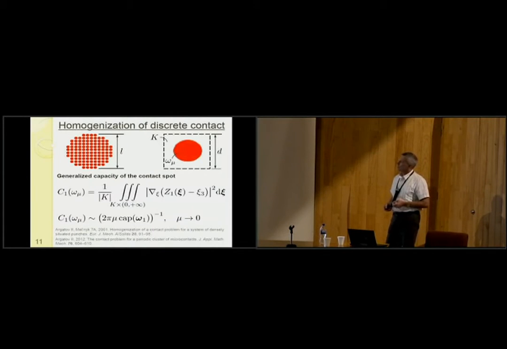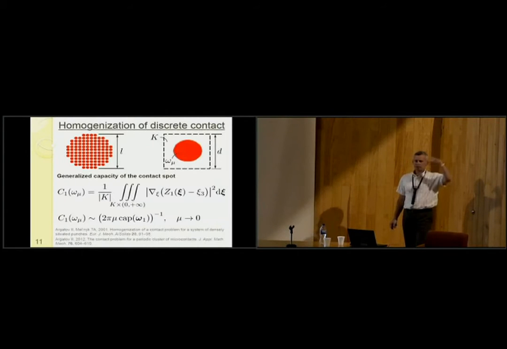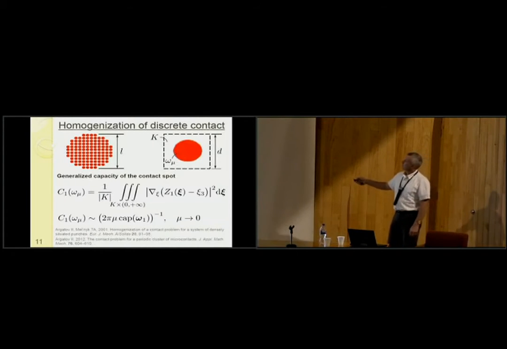due integral characteristic of contact spot was introduced, and it is called generalized capacity of the contact spot. It comes from the boundary layer, which is constructed as a solution for a certain periodic problem.